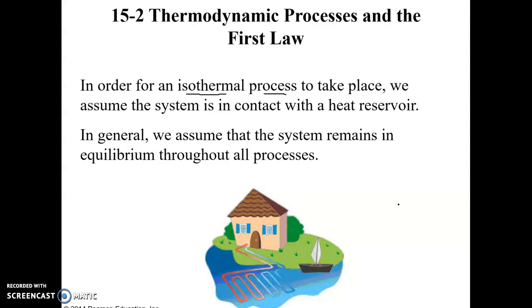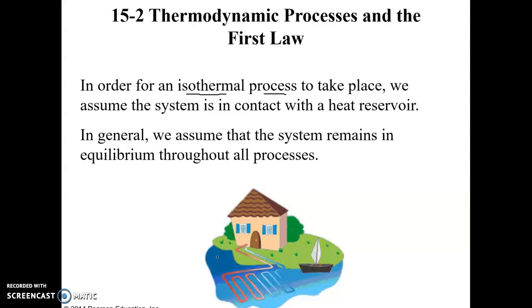If we put a spoon in a pot of boiling water, the heat from the boiling water will go into the spoon, and the spoon will get hot. So how is it that we can have an isothermal process where heat moves from one thing to another, but it doesn't change its temperature?